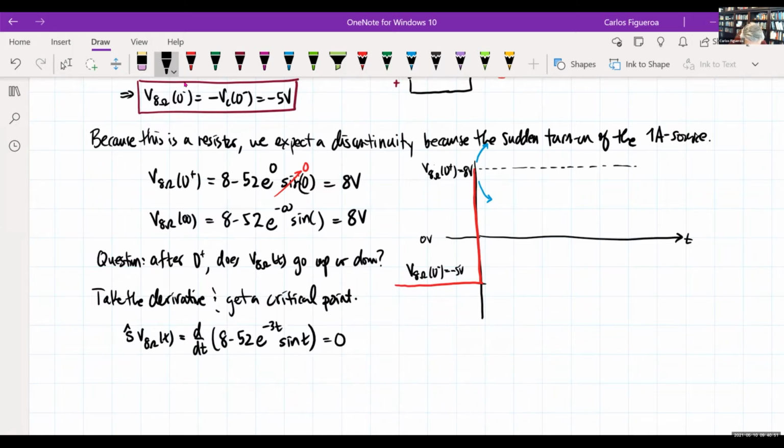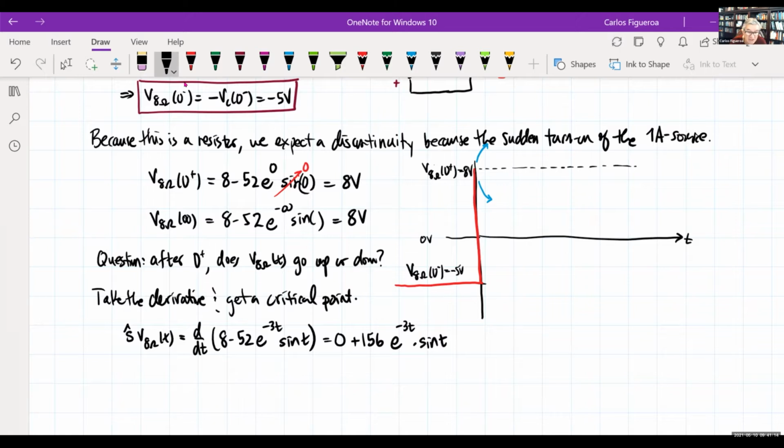Then I'm going to get 3 times 52. What's 3 times 52? That should be 156. So I should get 156 e to the minus 3t times sine of t.